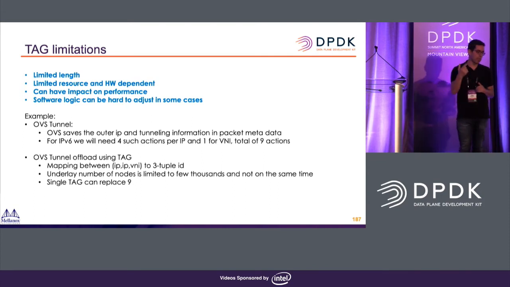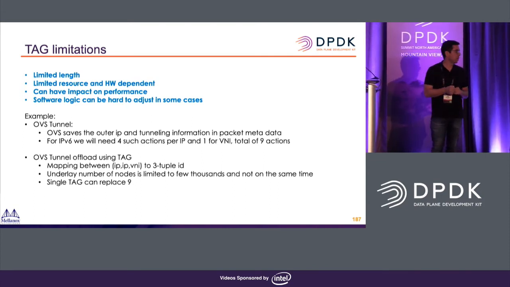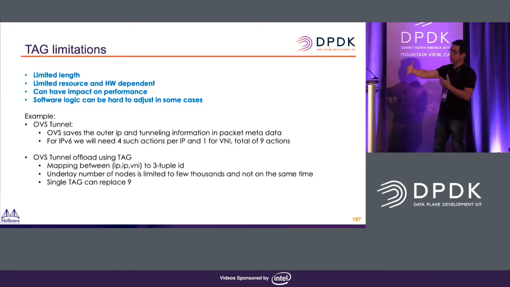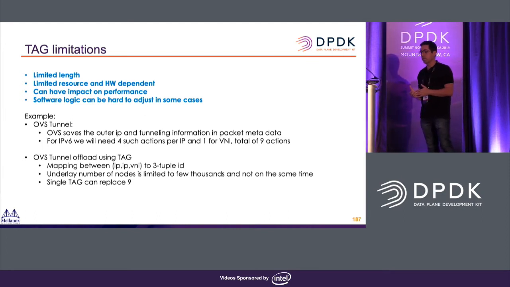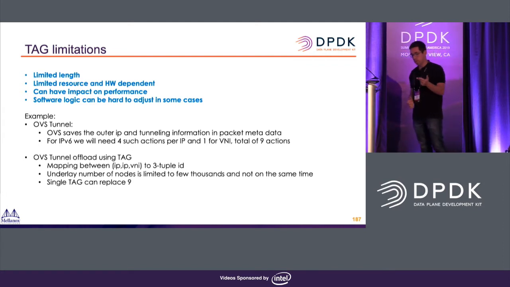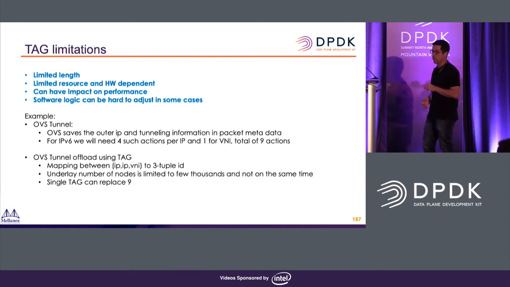And later, the OVS can compare this metadata to match in the following flows. If we use a tag, we don't want to save, if we talk about IPv4, the source IP in one tag, the destination IP in one tag, the VNI in one tag, 3 tags just for this. If it's IPv6, it will be 9.